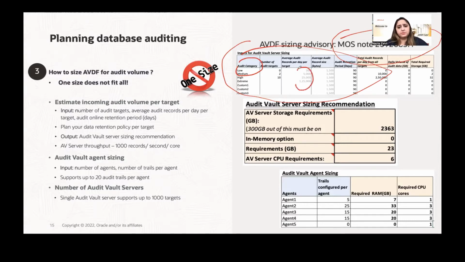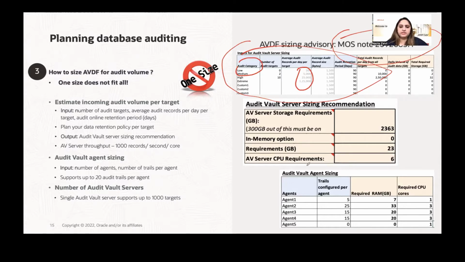We have given some numbers to help you out, but you can modify these numbers. We ask you to put in inputs like average audit records per day per target, and what retention policy you want to define, etc.